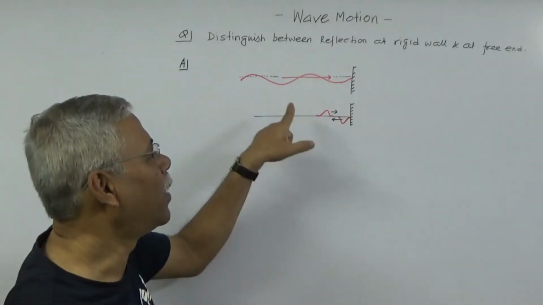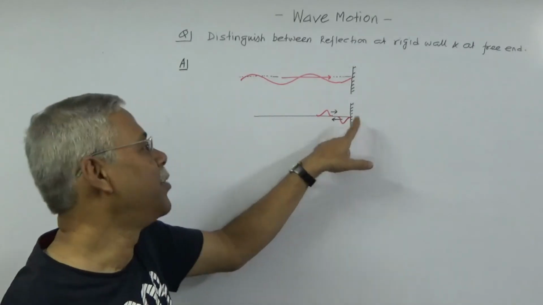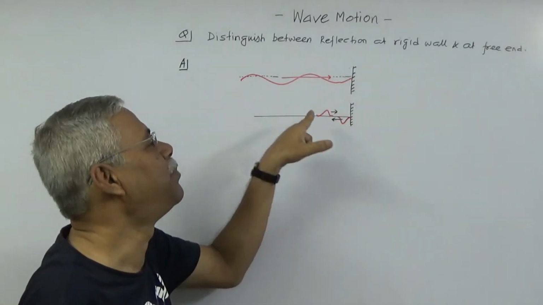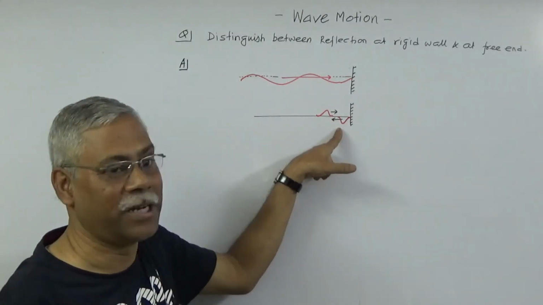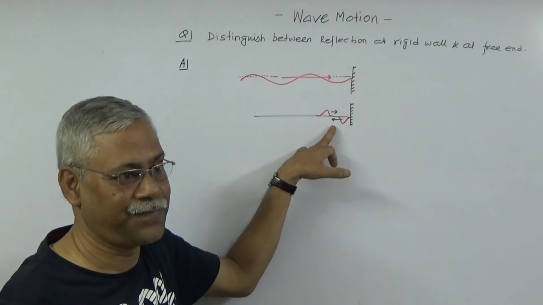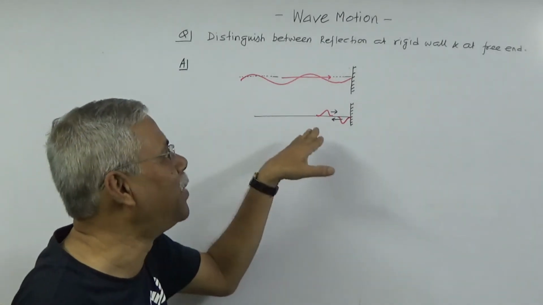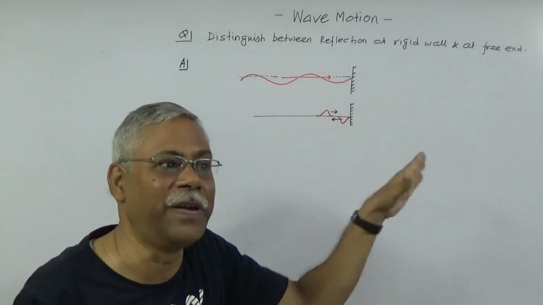So this is the incident wave falling on a rigid wall. From that, this particular wave rebounds, and you can see the phase of the reflected wave has increased by pi. Now you will understand it better if I compare this with reflection from a free end.